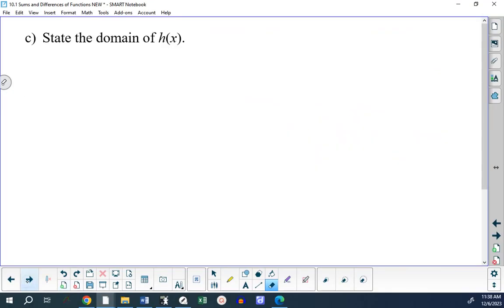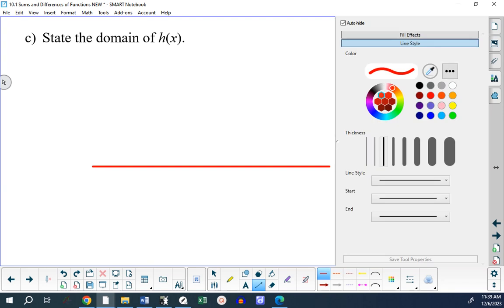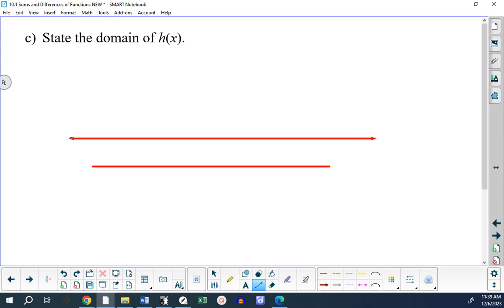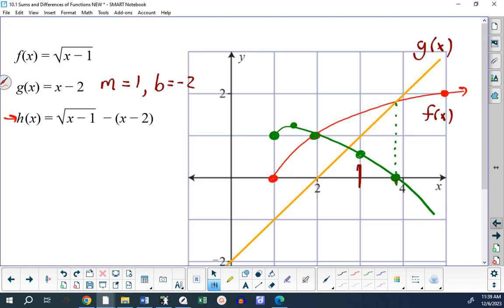All right. What is the domain of h of x? I know it's obvious by looking at the graph, but I want to illustrate what's very important here. If you were to take a look at g of x, and I'm just going to go back to make sure I have my memory right.